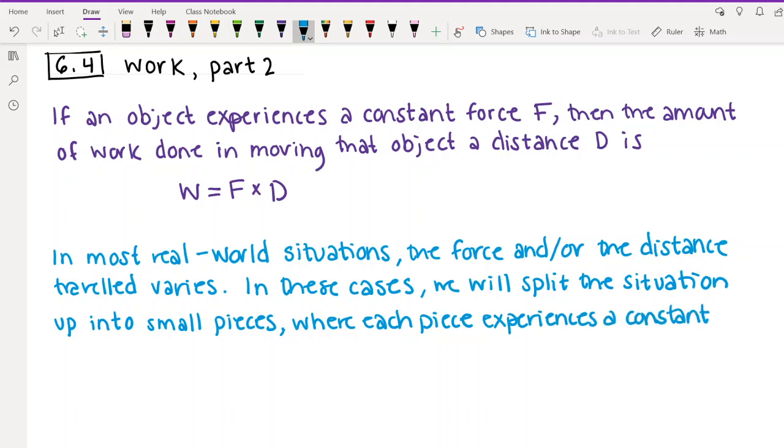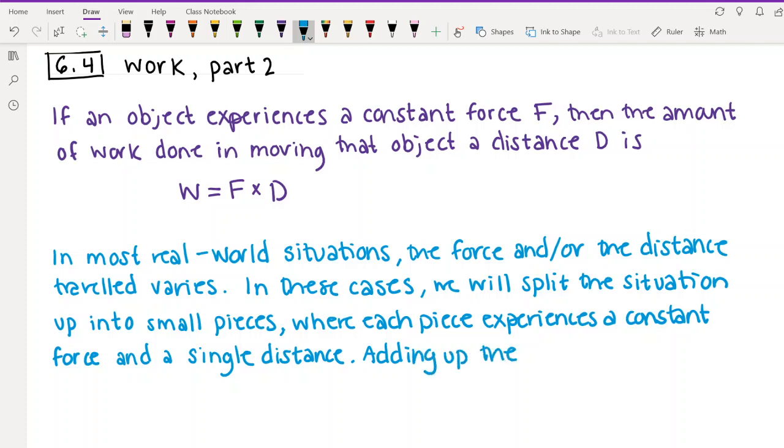If we have all these different pieces with a constant force and a single distance, then we can find the work done by each of those little pieces, right? Because we just do force times distance. And then once we have the work done by each piece, we can add those all up to get the total work done. So adding up the work done by each piece will approximate the total work done.